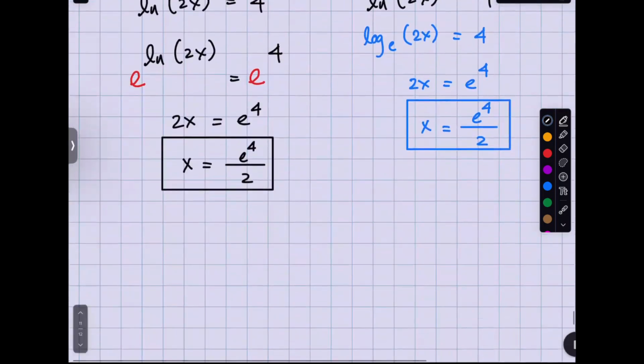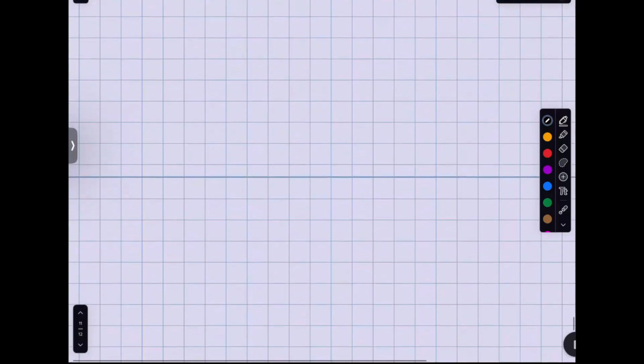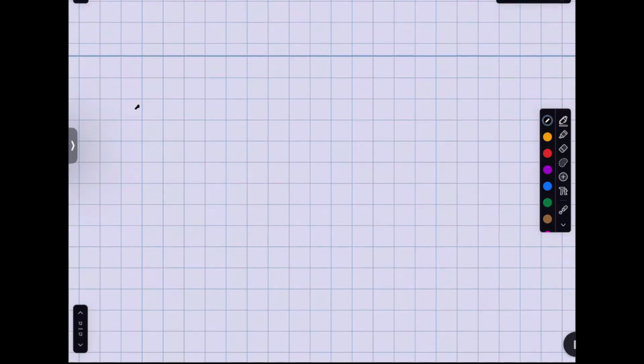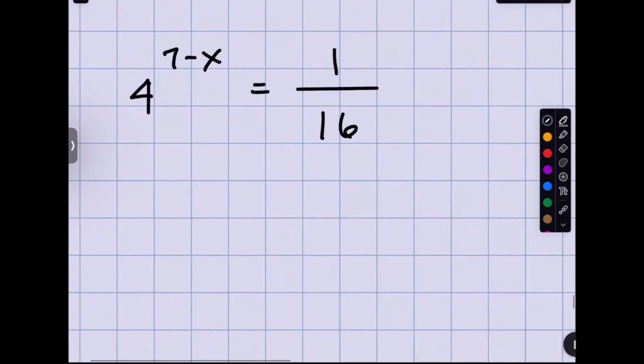Ready for the next problem? There you go.